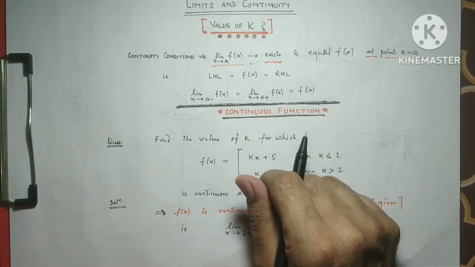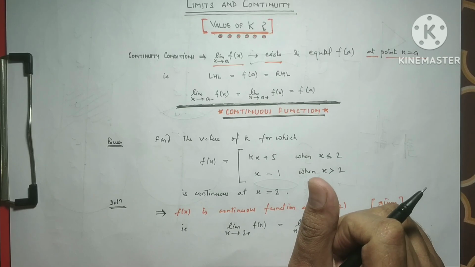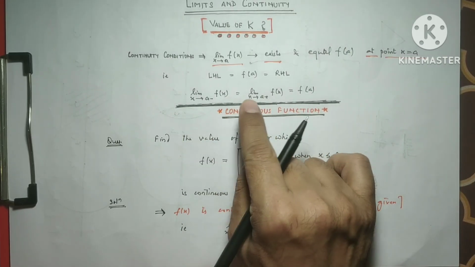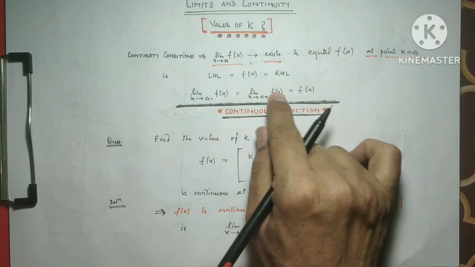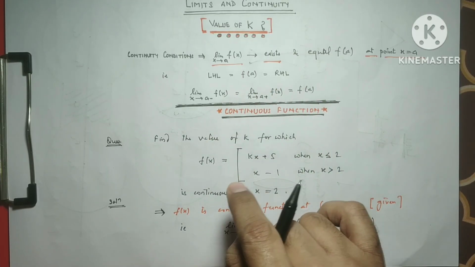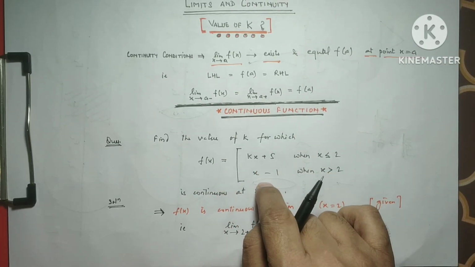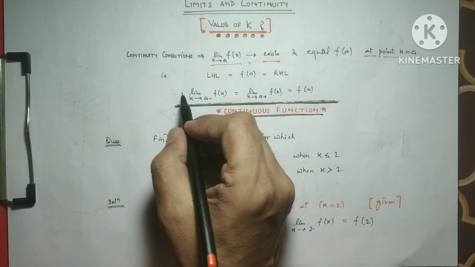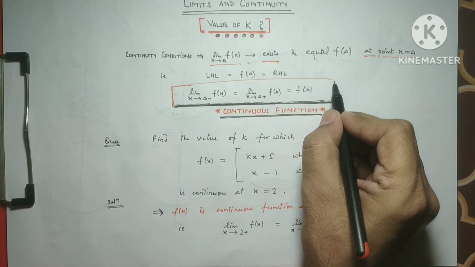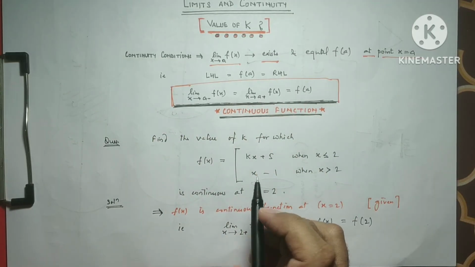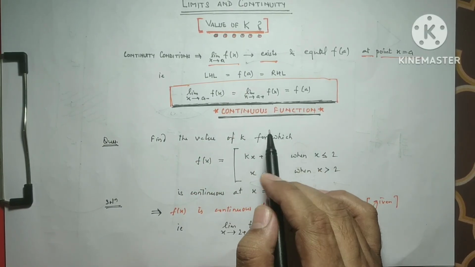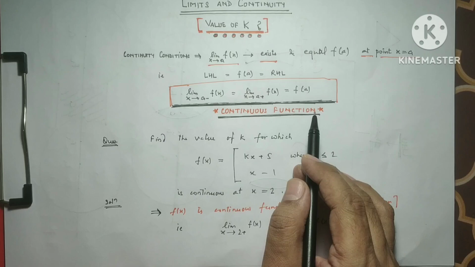Right now, a little bit of difference. In the previous class we were showing that a function is continuous, but in this question we know this function is continuous, which means we have these three equal values. Right now we will not show that these are equal, but we have equal values.